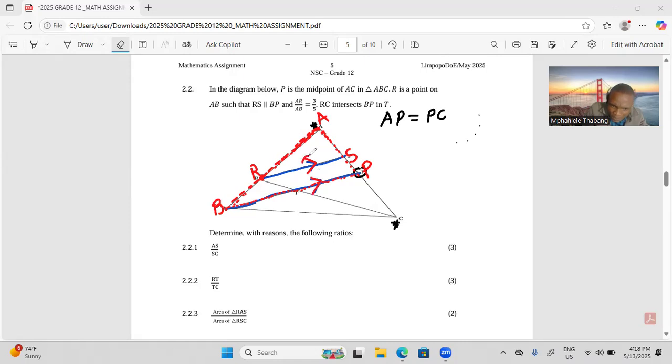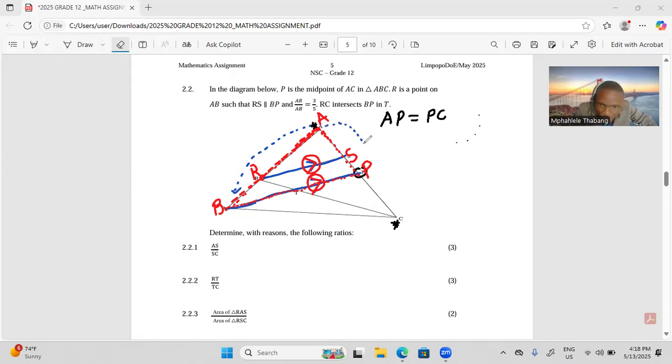So let us leave these two that are parallel and check the sides of this triangle ABP, but not focus on the side BP. So we have the side AB, and we have the side AP.